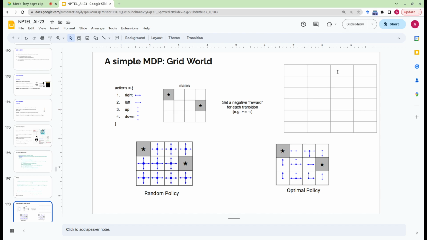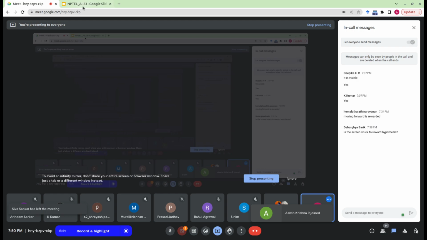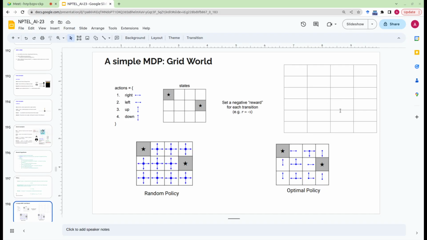What would the policy look like? I will say, please learn anything and give me the policy. How will you give me the policy? You have to understand what exactly a policy is. Policy is not imaginary. Finally, what is the policy?